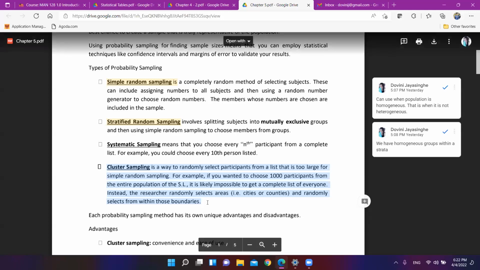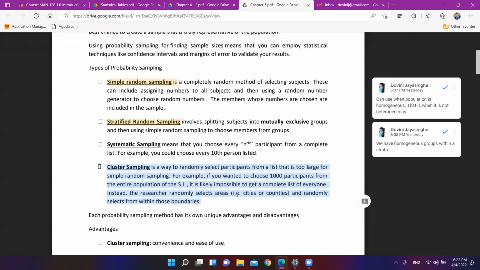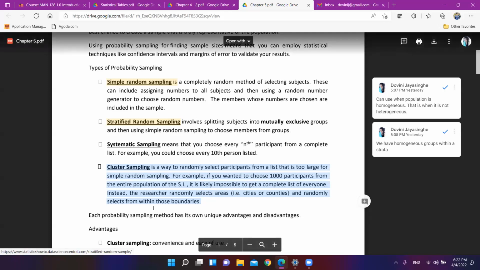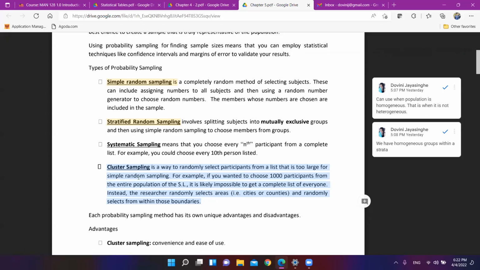Here we take already existing groups. Clusters are groups. We take already existing clusters and choose only a few of them. We don't take every province. You choose a couple of provinces randomly, and within that you do simple random sampling, right? Within cluster sampling there is simple random sampling when you split them into clusters.